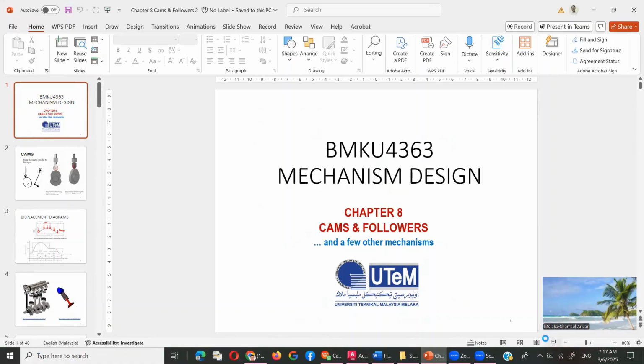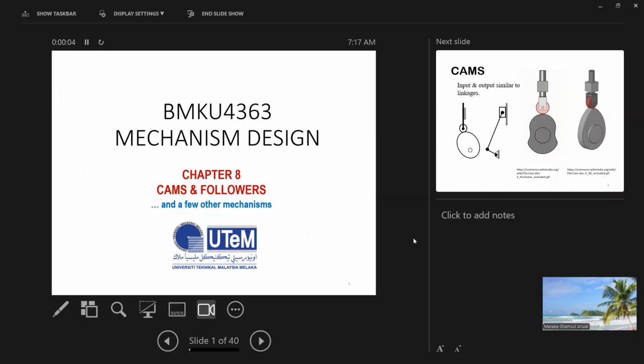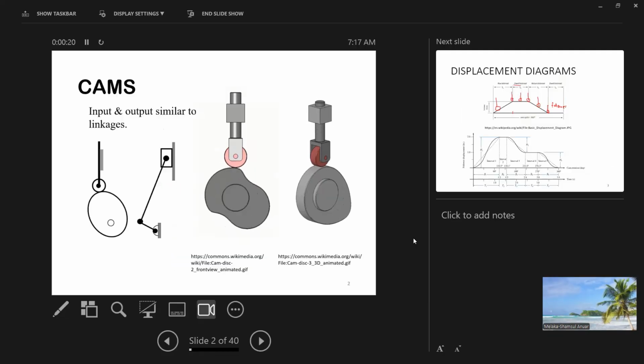So cam is also known in Malay as sesondol, and I guess using cams and followers is much better, because it needs to go hand in hand. For those who have not seen a cam yet, this is a cam.